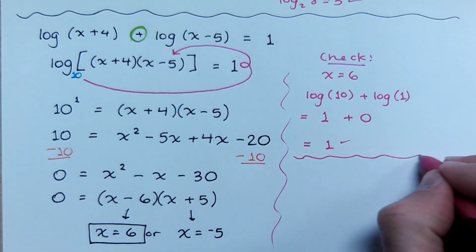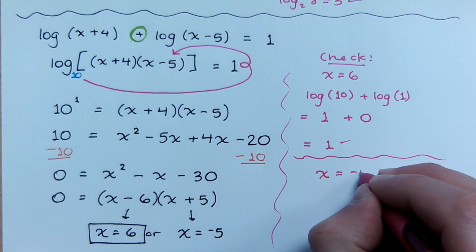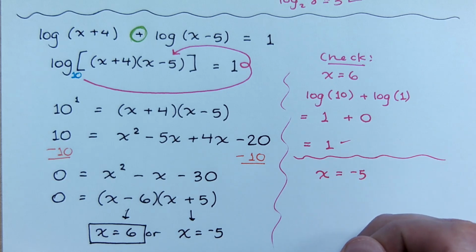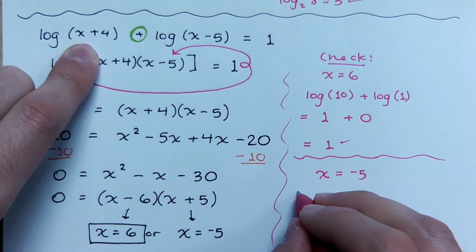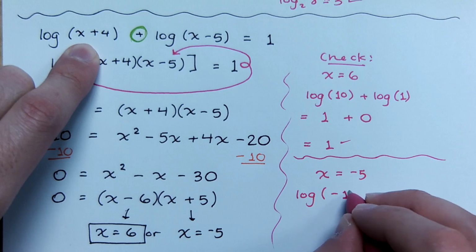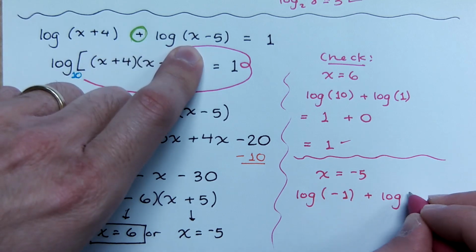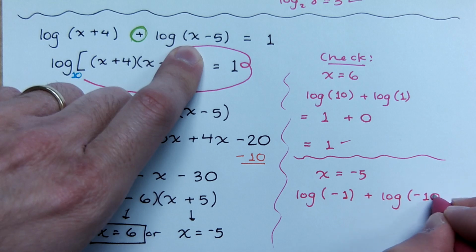Check the other one, though. When I check x equals negative 5, if I plug in negative 5 here, I get negative 5 plus 4, so that's negative 1, plus plug in negative 5 here, so negative 5 minus 5 is negative 10.